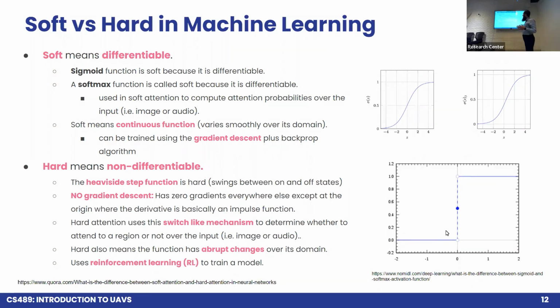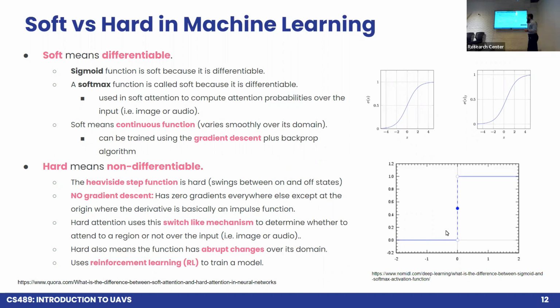When we say soft, it means that we deal with differentiable functions, like for example sigmoid or softmax, as you can see here in the plot. Since they are differentiable and continuous functions, we can use gradient descent. This is why we use gradient descent in backpropagation with this kind of nonlinear function.